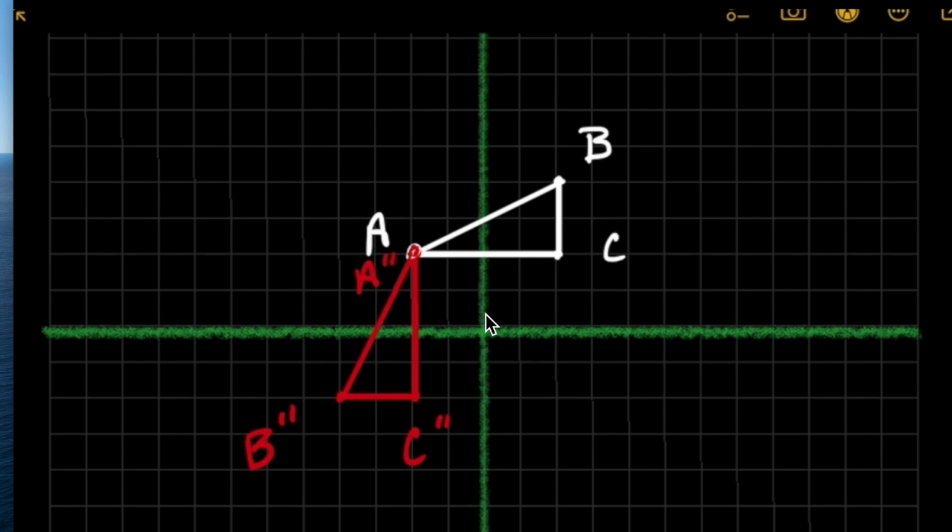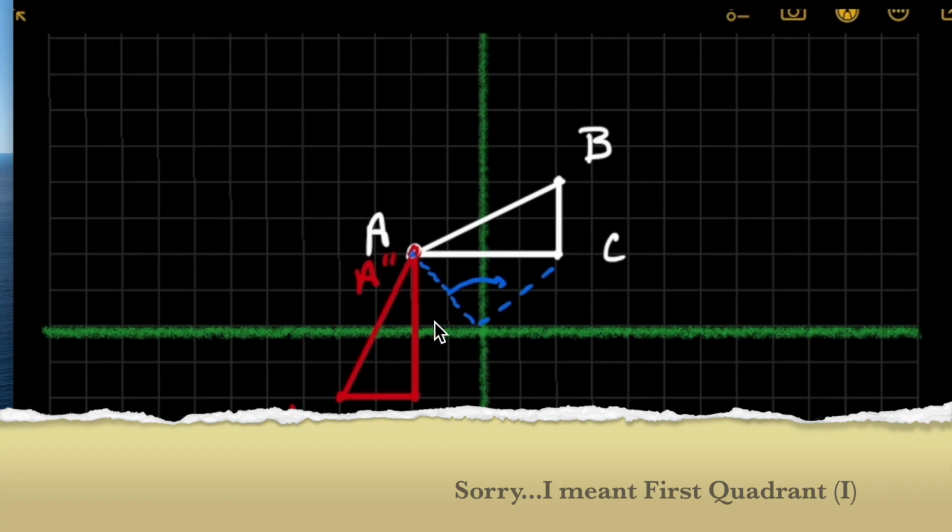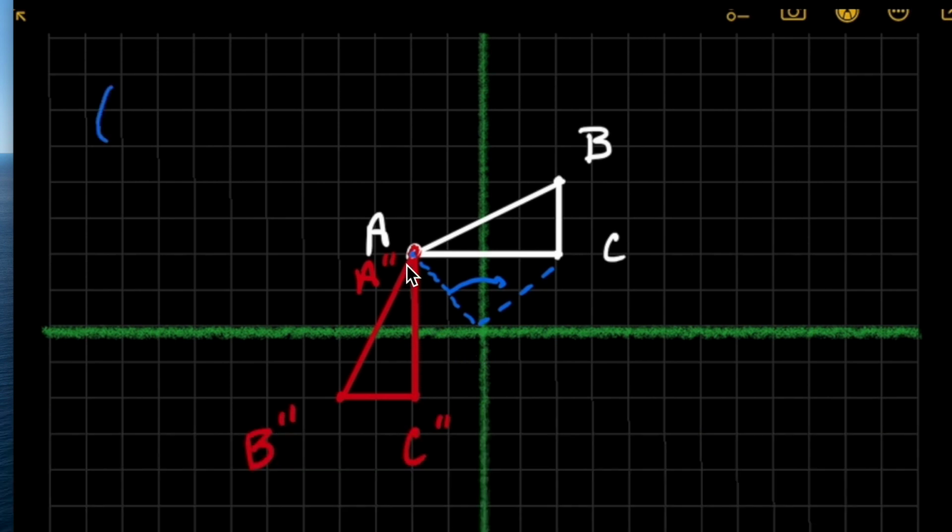If you look at point A and you draw a line from A to the origin and envision it getting rotated 90 degrees clockwise, it's going to end up in the first quadrant. So the original coordinates for A were -2, 2.